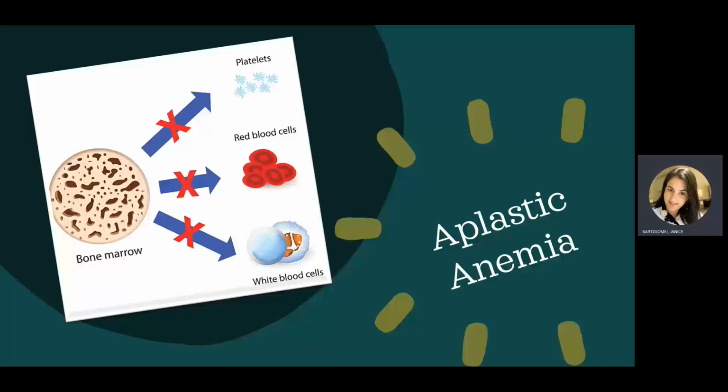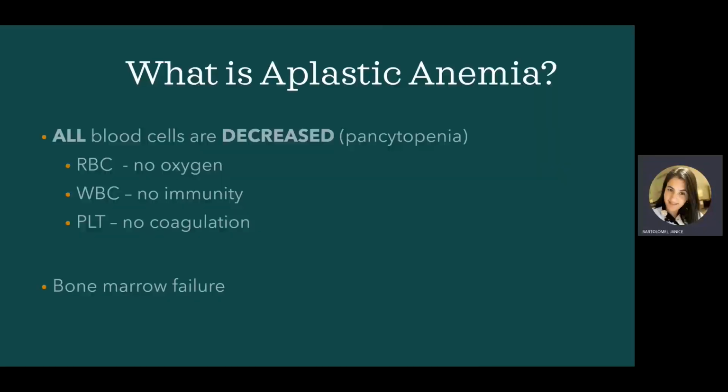Okay, let's talk about aplastic anemia. So, aplastic anemia, just like this picture shows here, we have a non-production deficiency, a decrease in all your blood cells, all the components of the blood. So, we're talking about platelets, red blood cells, and white blood cells.